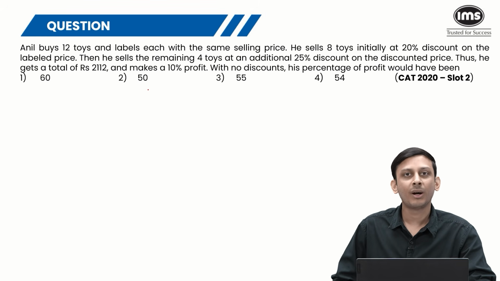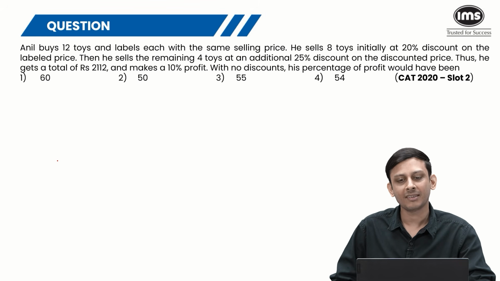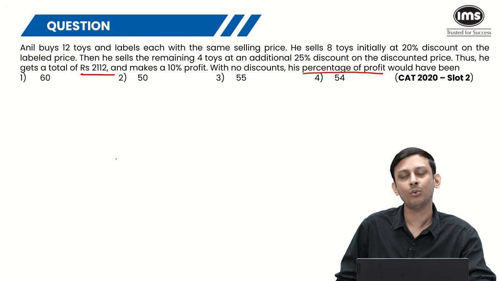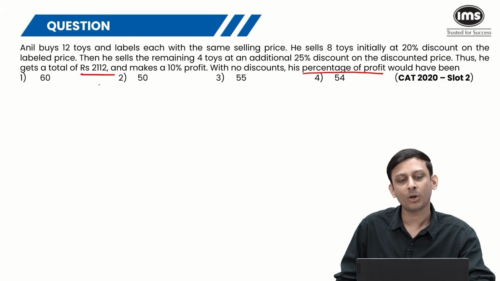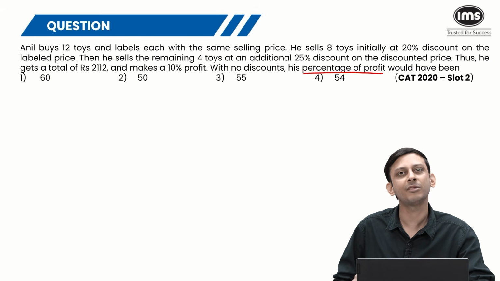Now, first of all, to understand the logic behind the better method, we have to focus on what the question is asking. Question is asking for percentage of profit, not the actual profit in rupees. So do we really need this rupee value? We'll see that we don't, because we already have everything in terms of percentage.